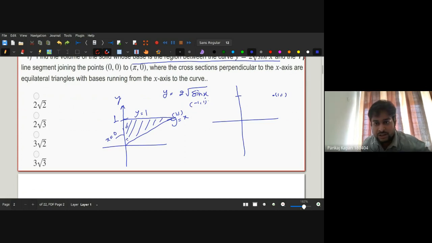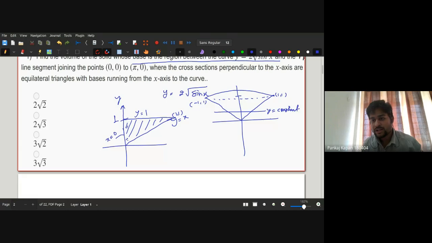The solid of revolution in this particular case will be a cone, if you revolve the region about the y-axis. Now, if you want to find the volume of this particular solid, what do you do? You take slices, many slices, from any line which is y equal to some constant.